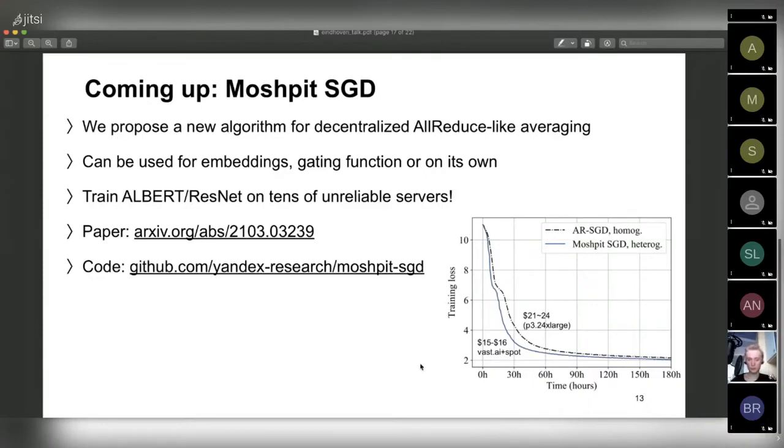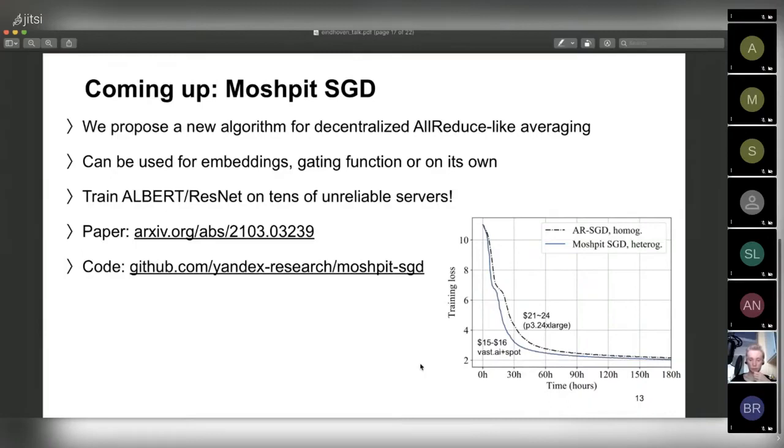which is very small in terms of the number of parameters, but still similar to BERT and competitive in terms of performance. And it appears that it's possible to use some unreliable instances, for instance, spot instances in the cloud, for these training runs. And you can even run it on Google Colab, given our current code.